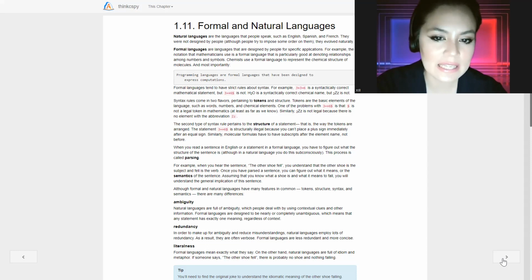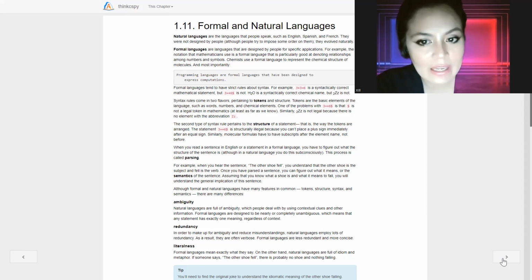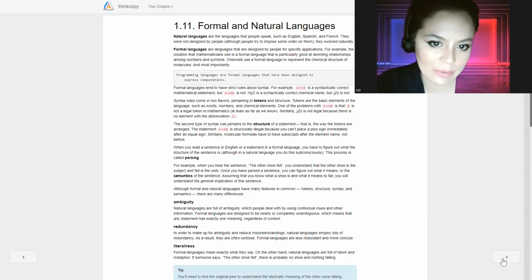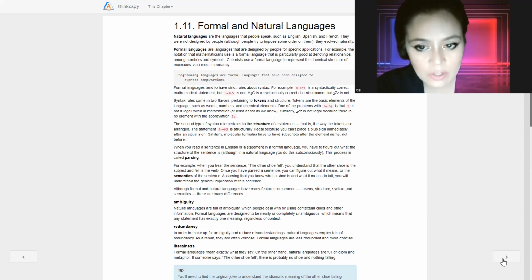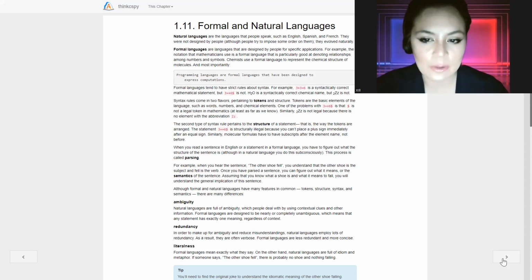Formal languages tend to have strict rules about syntax. For example, 3+3=6 is a syntactically correct mathematical statement, but 3=+6$ is not. H2O is a syntactically correct chemical name, but 2Zz is not.